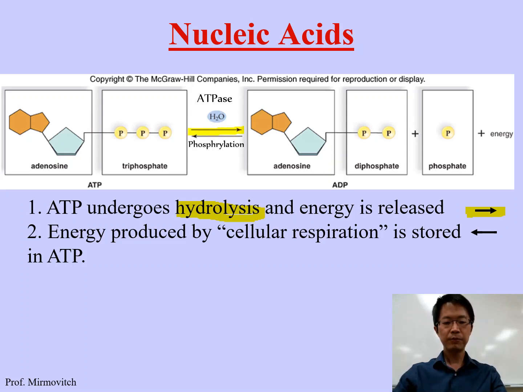So when we break the covalent bond here between the 2 phosphate groups, then energy will release. As I mentioned repeatedly in the previous lecture, covalent bond stores energy. So when we break the covalent bond, it releases energy. That's why ATP is an energy molecule.